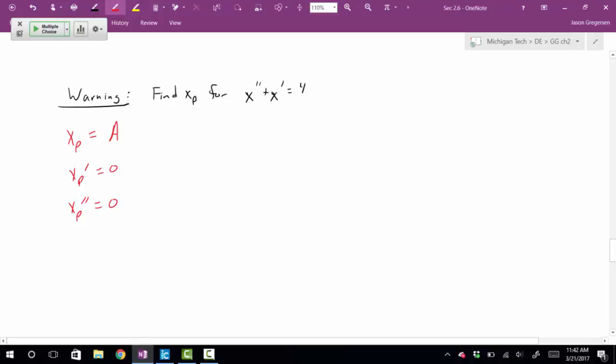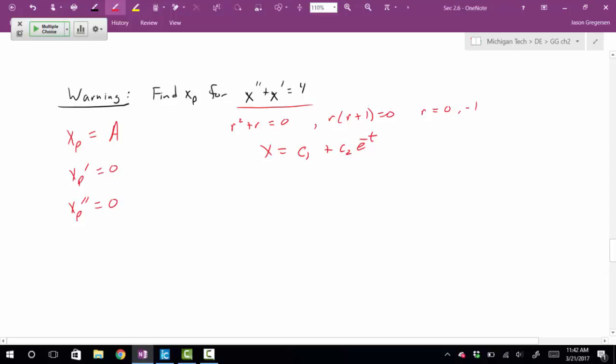Here's what's going on. I start off by finding my complementary solution. To do that, I generate my auxiliary equation, r squared plus r equals 0. This factors into r times (r plus 1) equals 0. That gives me roots r equals 0 and negative 1. So my complementary solution is c1 e to the 0t plus c2 e to the negative t.